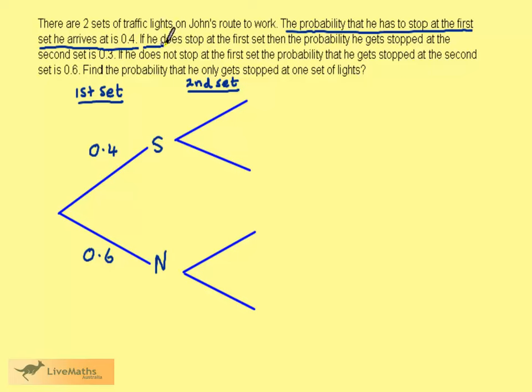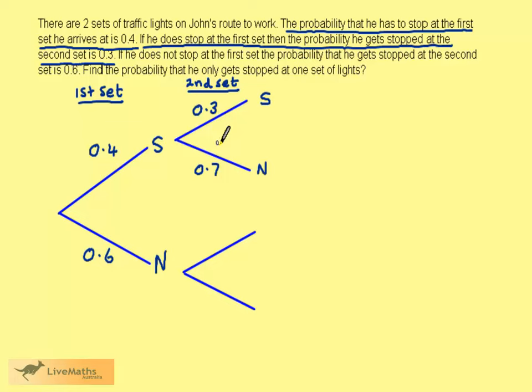If he does stop at the first set, then the probability he gets stopped at the second set is 0.3. That's going to be this top branch, because this top branch is where he gets stopped at the first set. So this is 0.3, and for not being stopped here, it must be 0.7.